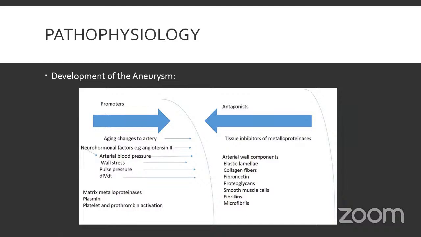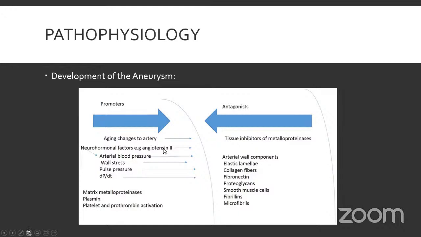The metalloproteinases are basically proteolytic enzymes that are secreted by the different components of the tunica media. These proteinases are basically able to melt every component of the tunica media. To combat these effects, they are usually tightly regulated by some other component that we're going to come across when we talk about antagonists.